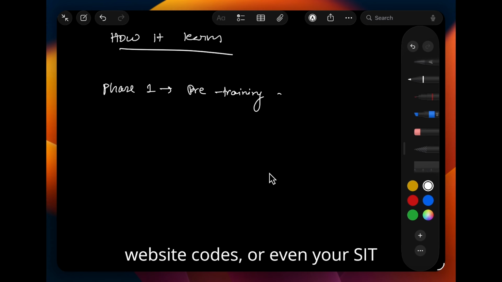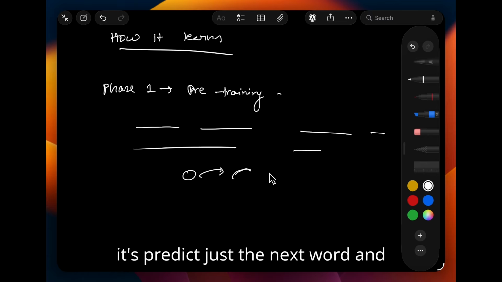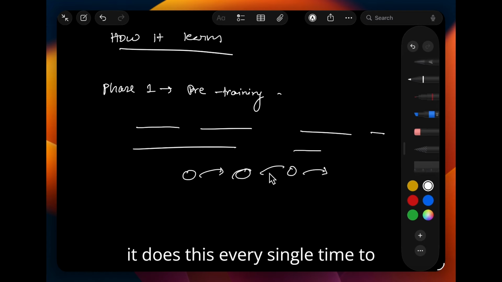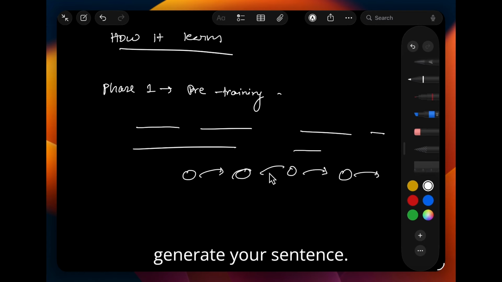So it doesn't generate a sentence at a time. Each and every time it predicts just the next word, and it does it every single time to generate your sentence. Imagine showing someone the sentence, the cat sat on the what? You may guess mat, right?